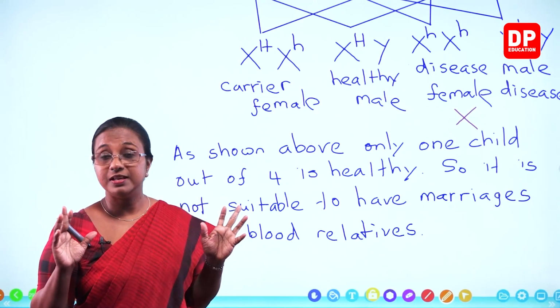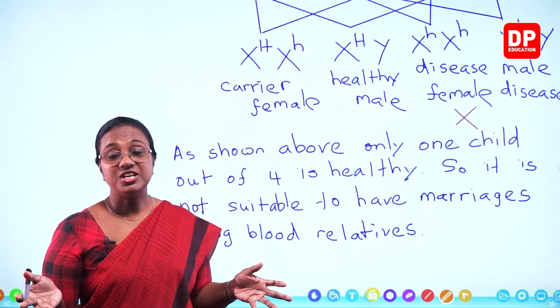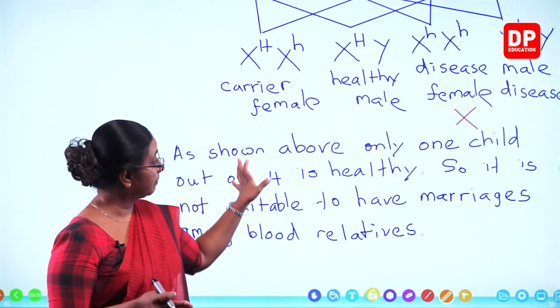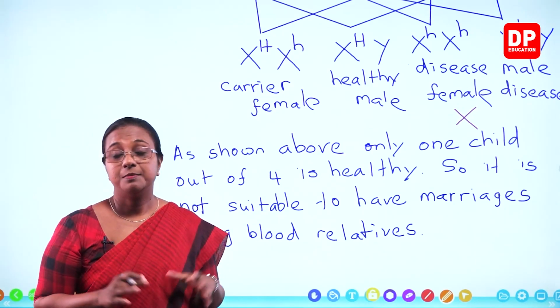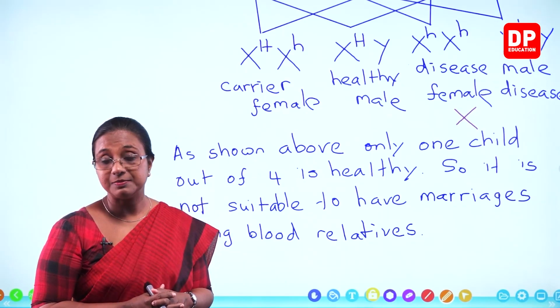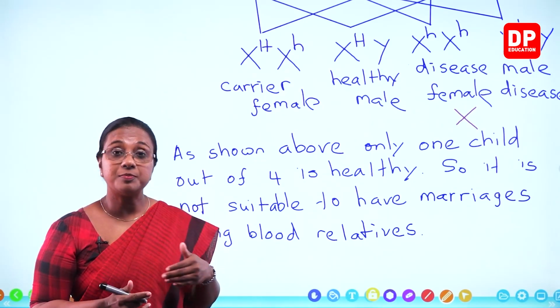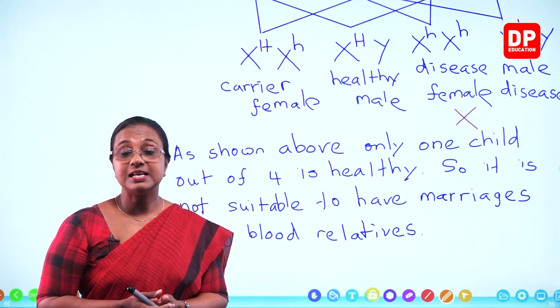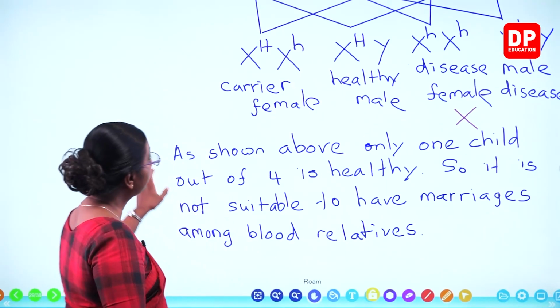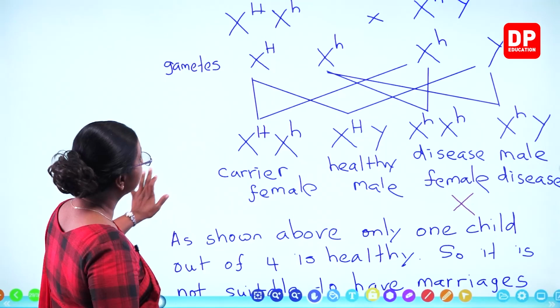But if the father does not have the recessive gene, then of course less probability compared to this. But still it is advisable not to have marriages among blood relatives because the probability of getting the sex-linked diseases is higher. So that is how we explain this particular question.